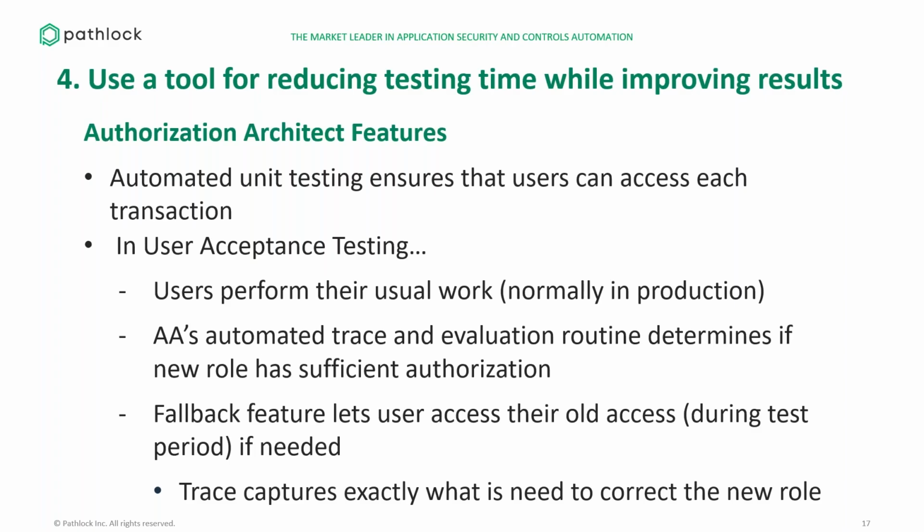It's going to allow him to do it using his old access, but it's going to capture in a trace exactly what is missing in the new access. And then security will be able to use that trace and go back to development, update the new role, and transport it to QA or production where that can be retested.